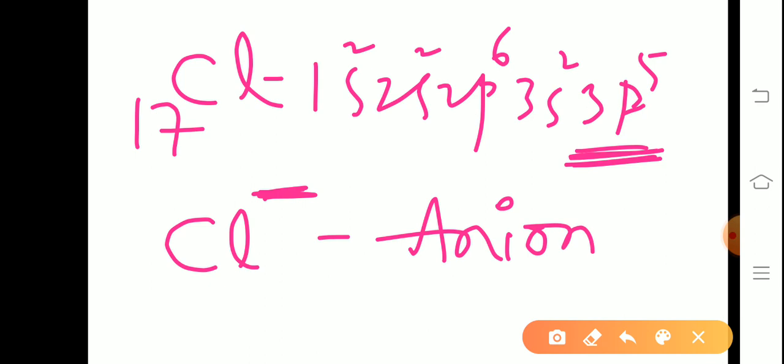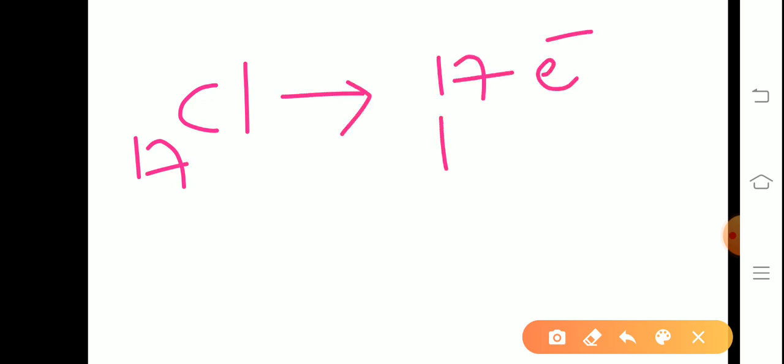Now can you say which one has a bigger size, chlorine atom or chloride ion? Let me take chlorine 17. There are 17 electrons and 17 protons, right?